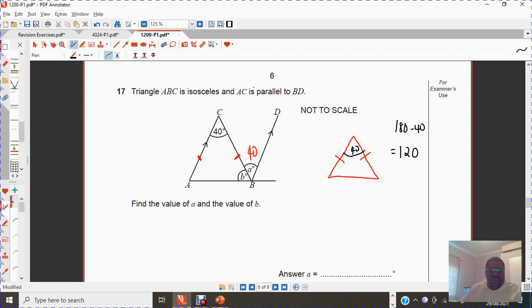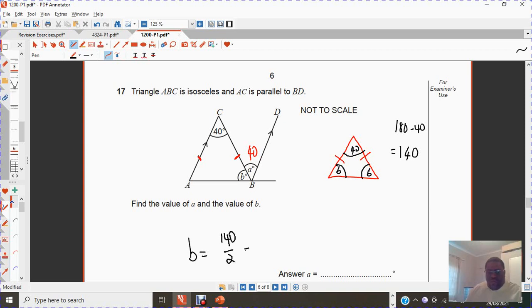Okay, I think I've seen my mistake there. Let me just correct it a little bit. 180 minus 40 is nothing but 140, which means this B and this B, they should share something. They should have something in common. Now you already can see that B will be 140.